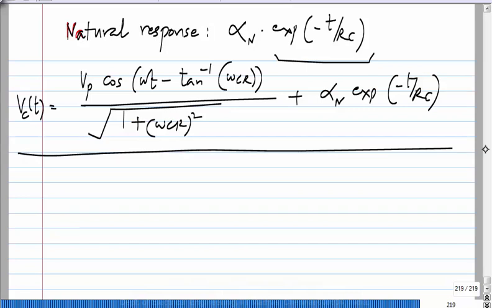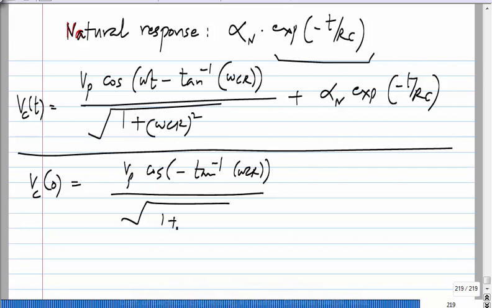Okay. So what do we do now? How do we find alpha n? Obviously, by setting the initial condition, right? Vc of 0 is Vp cos minus tan inverse omega Cr. Okay. So alpha n is simply Vc of 0 minus this whole stuff.